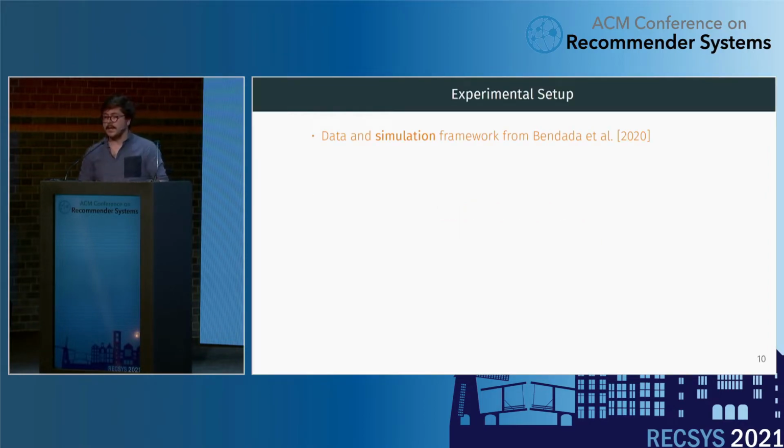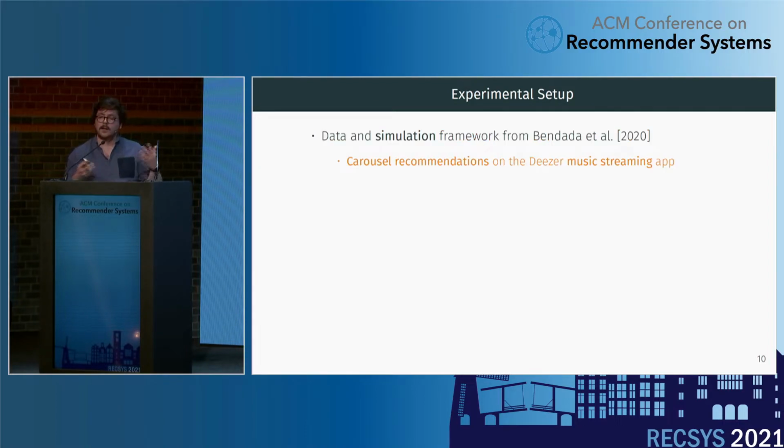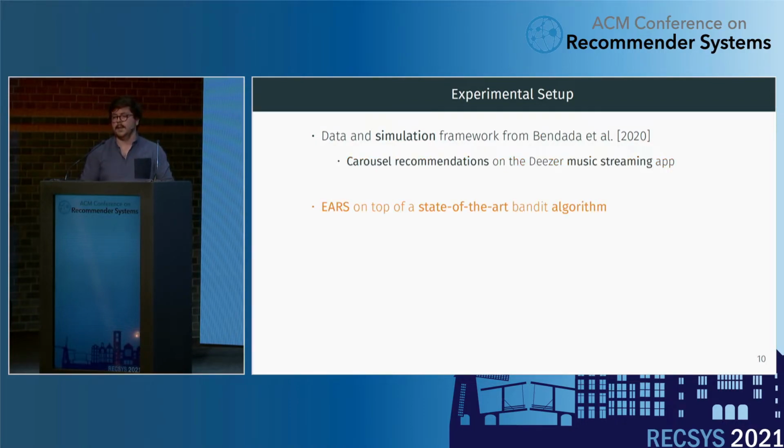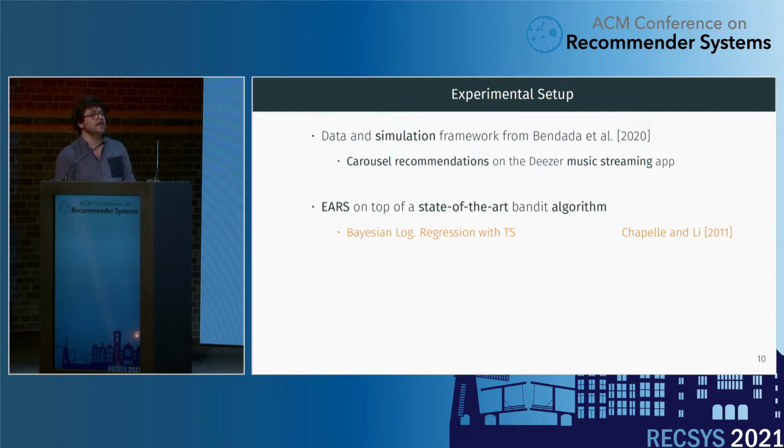We use data from a paper by Bandana et al. from last year here. These are music recommendations on a streaming app. We use a state-of-the-art bandit algorithm with our model on top, called Bayesian logistic regression with Thompson sampling.